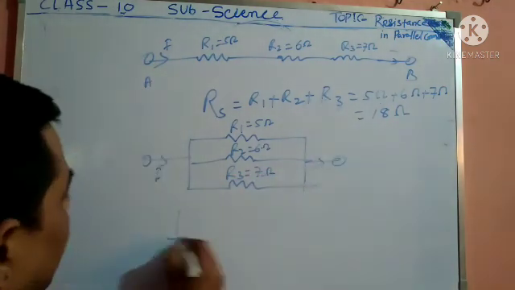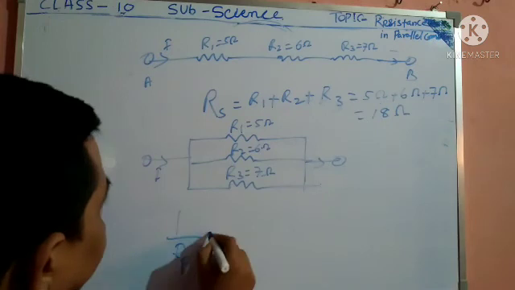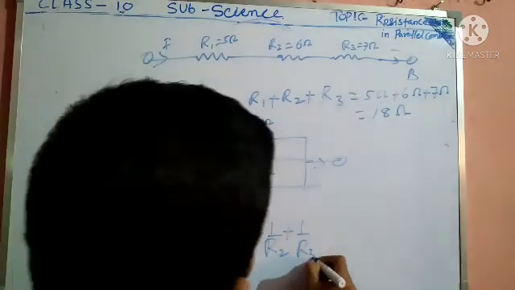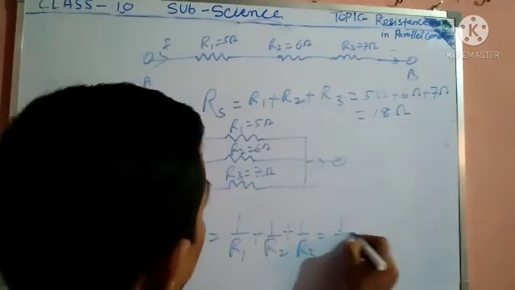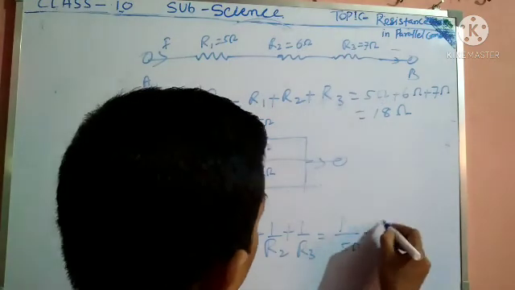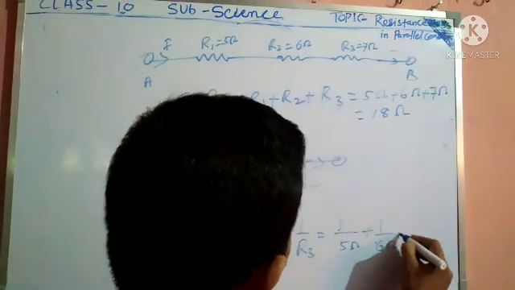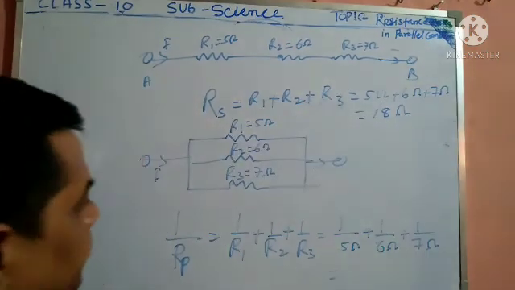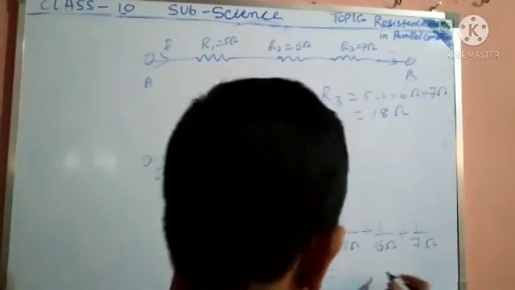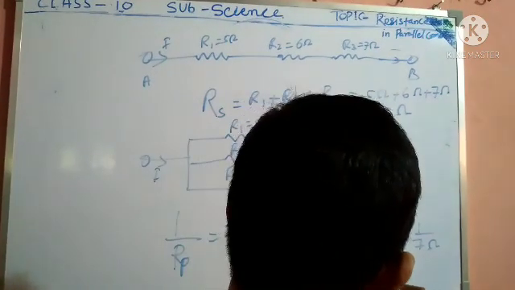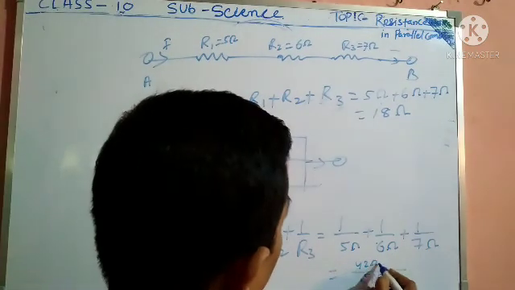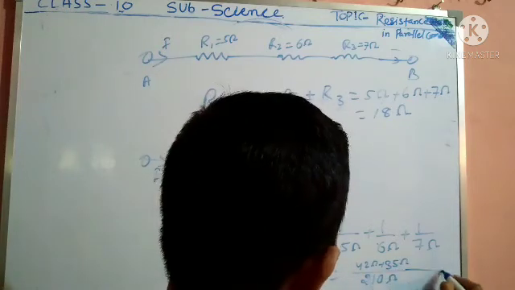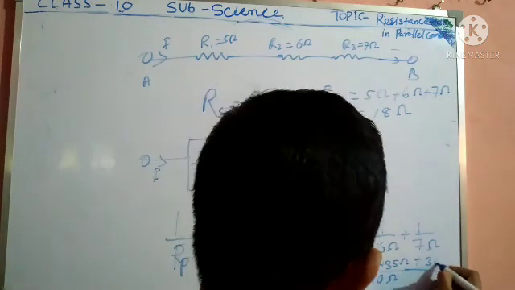then R parallel is given by 1 by R1 plus 1 by R2 plus 1 by R3. So that is 1 by 5 ohm plus 1 by 6 ohm plus 1 by 7 ohm. Then take the LCM, 210 ohm, which gives 42 ohm, 35 ohm and 30 ohm.